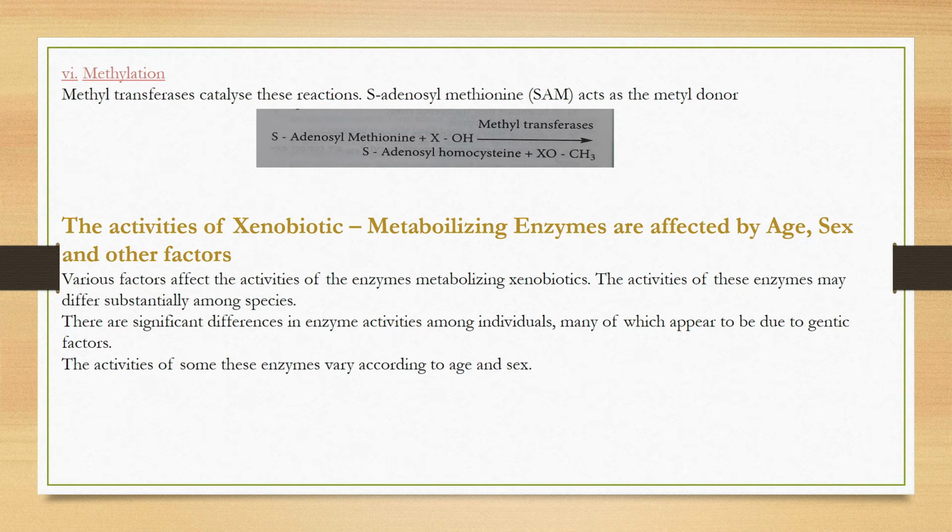Various diseases such as cirrhosis of the liver, because the liver is the main organ for metabolism of xenobiotics, can affect the activities of drug metabolizing enzymes, sometimes necessitating adjustment of dosage of various drugs for patients with these disorders. So this completes the topic, and thank you.